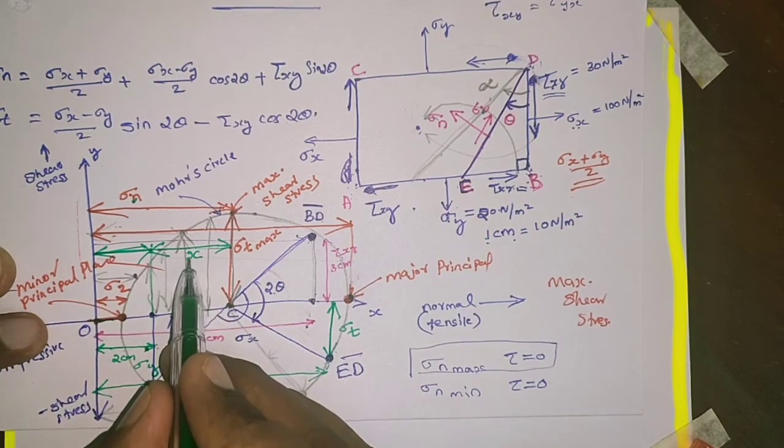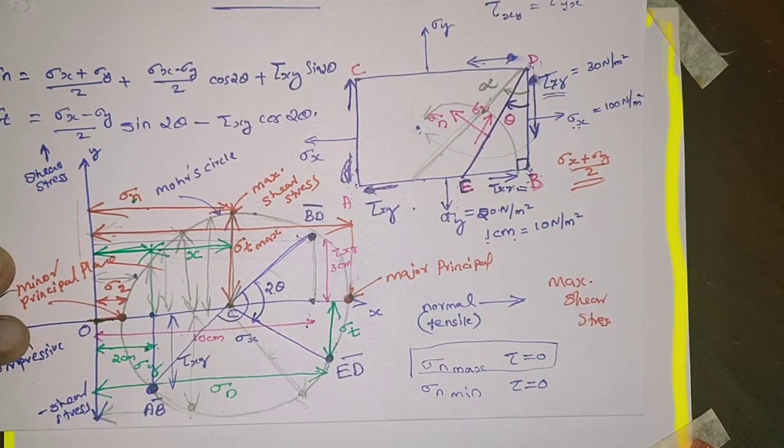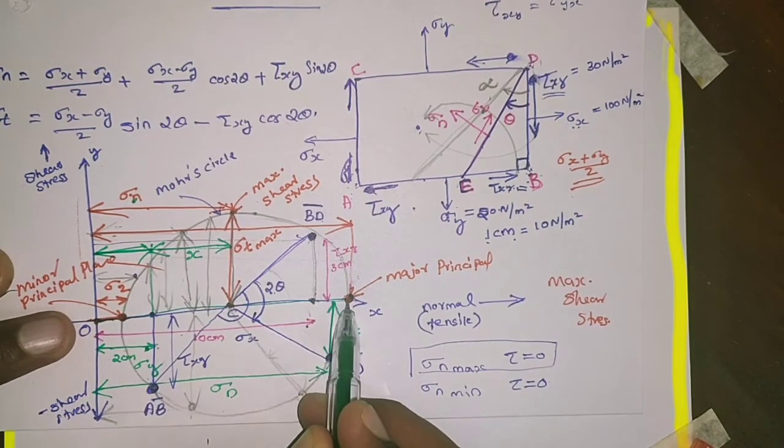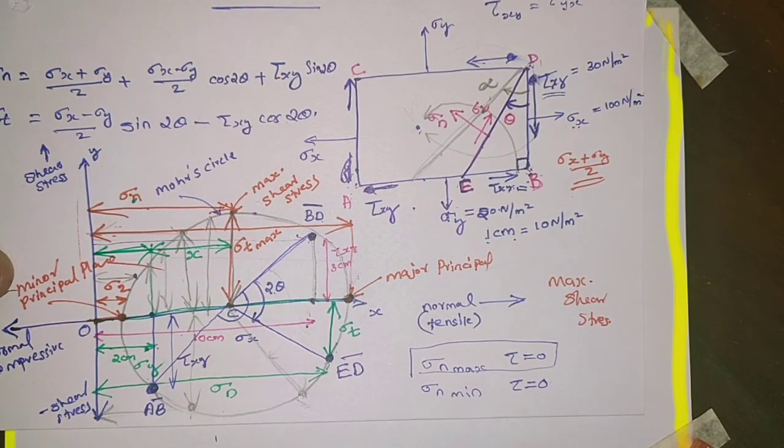Next is, what is x? X equals this distance. How much is this diameter?